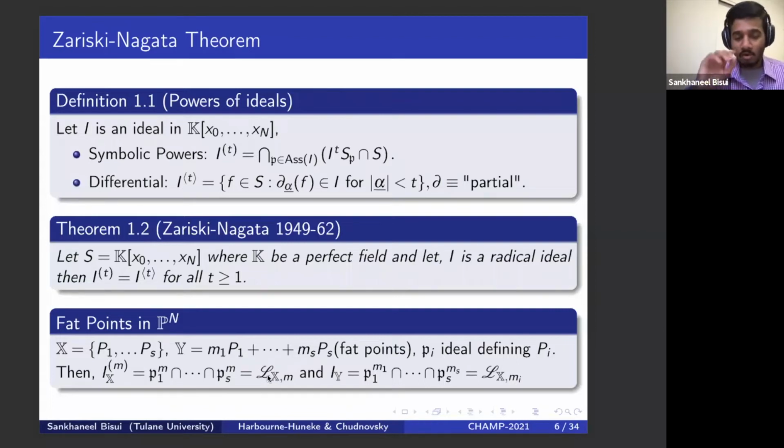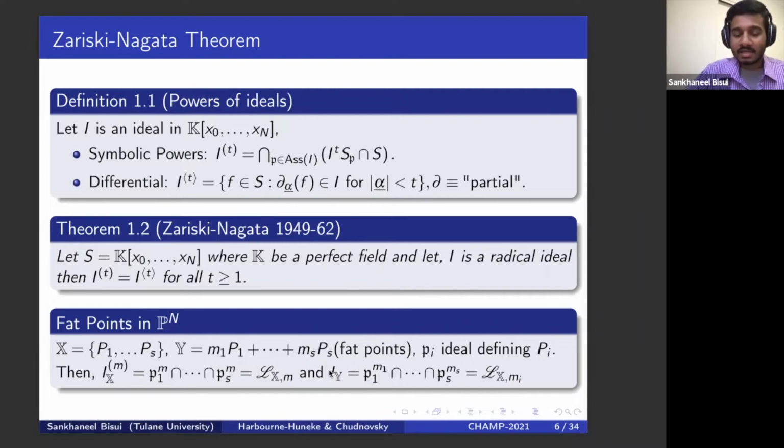And this set is the same as the set we wanted to study. It is the set of all homogeneous polynomials that vanish on the set X with multiplicity at least m. Similarly, for fat points where the points have multiplicities m1 up to ms respectively, that ideal is defined by taking the prime ideal corresponding to each point, taking the ordinary power of the corresponding multiplicity, and intersecting each of those components.